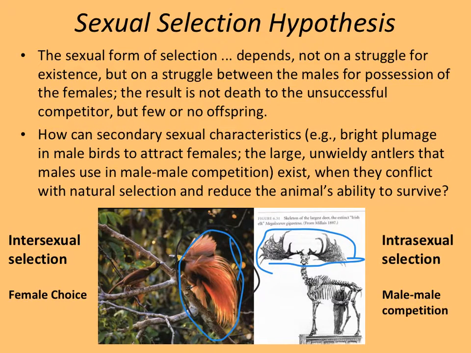In fact, if they do survive long enough to mate, it shows that they have a pretty high quality. Because if they have a low quality and they're not good at getting away from predators, they're going to be eaten before they have a chance to mate. So there's two forms of sexual selection.